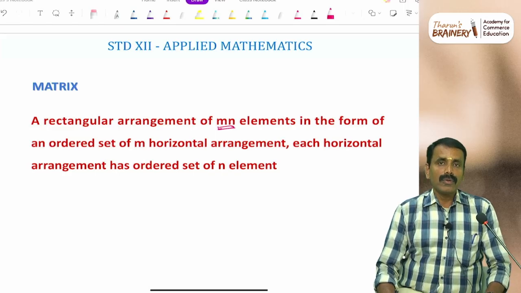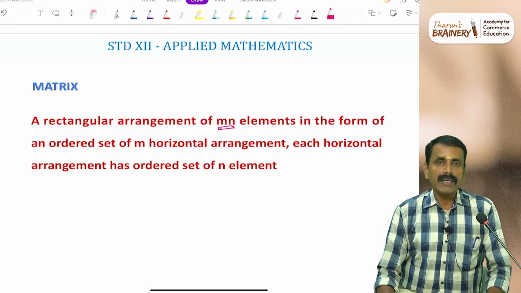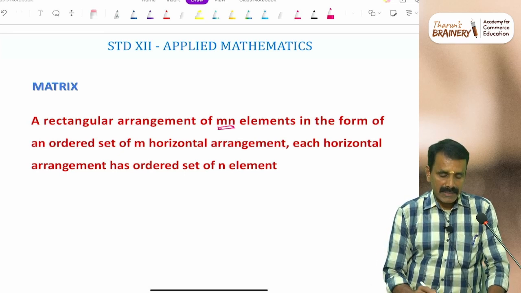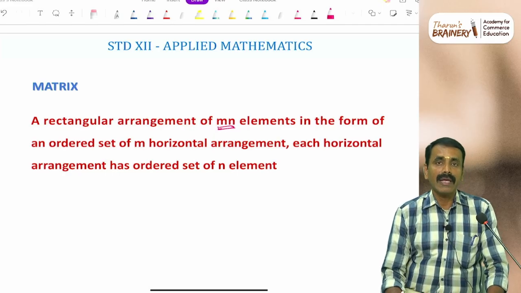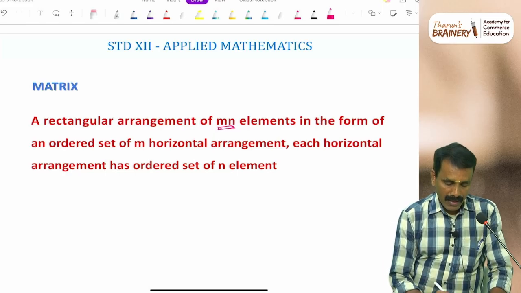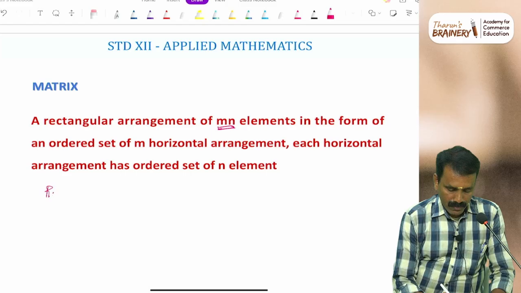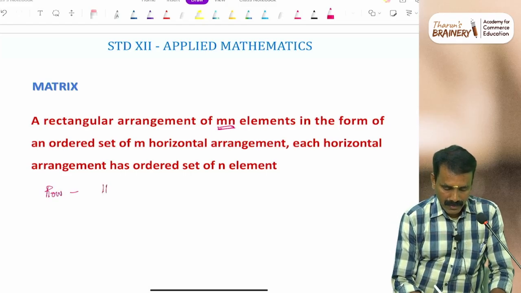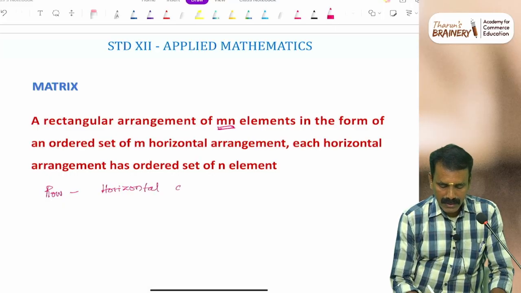To understand the concept of a matrix, we should know the technical terms involved in describing it. A matrix is a rectangular arrangement of elements. And what is a row? A row is a horizontal arrangement of elements.